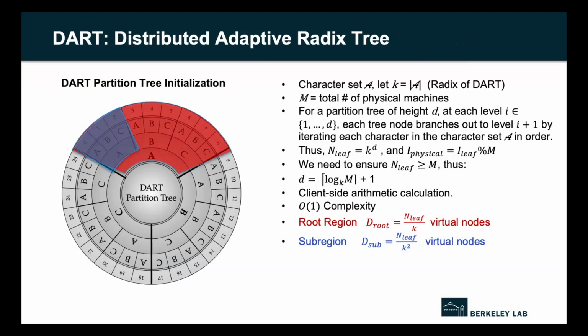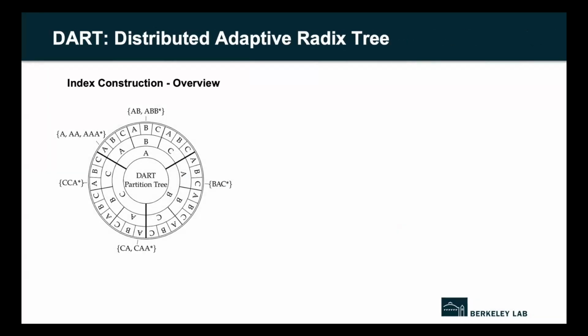With the number of physical machines that you have, and the tree depth that you can customize, it is very easy to calculate an appropriate depth of the tree. We also divide this partition tree into different root regions and sub-regions so that the query can get routed to different regions and virtual nodes.